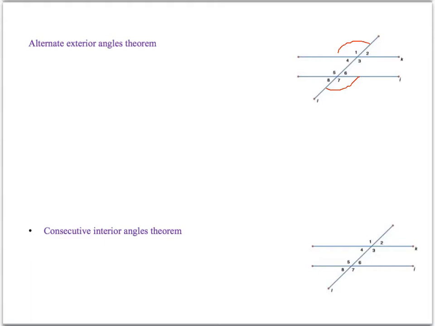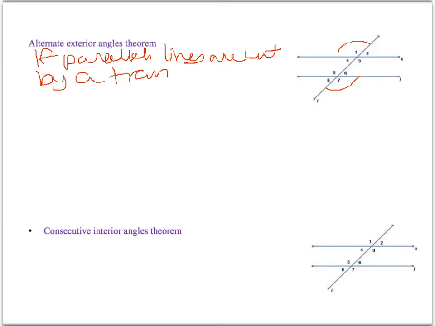This theorem says that if parallel lines are cut by a transversal, then the alternate exterior angles are congruent.